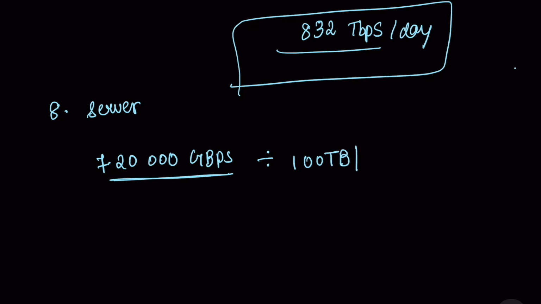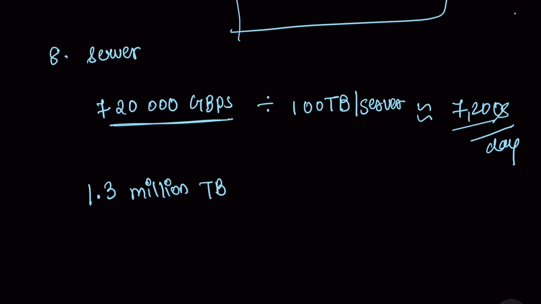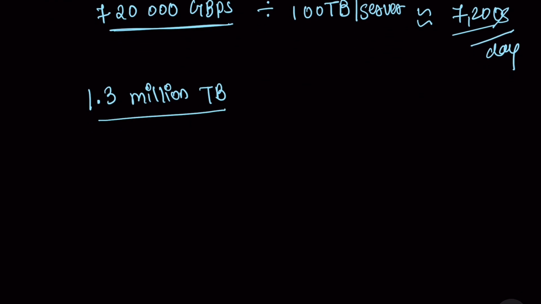Okay, we are assuming this, and this would nearly give us 7,200 servers needed just to store a single day's worth of YouTube videos. And we had 1.3 million terabyte of storage per year, right? And we would divide it by the 100 terabyte per server. We would approximately get 13,000 servers per year.